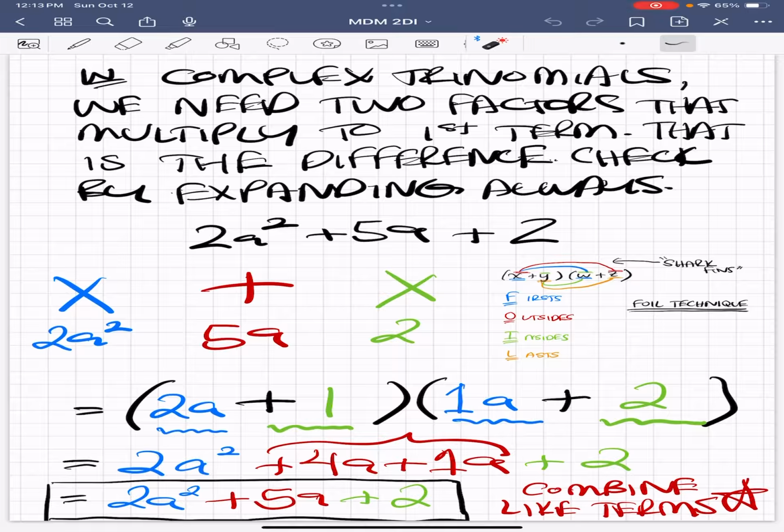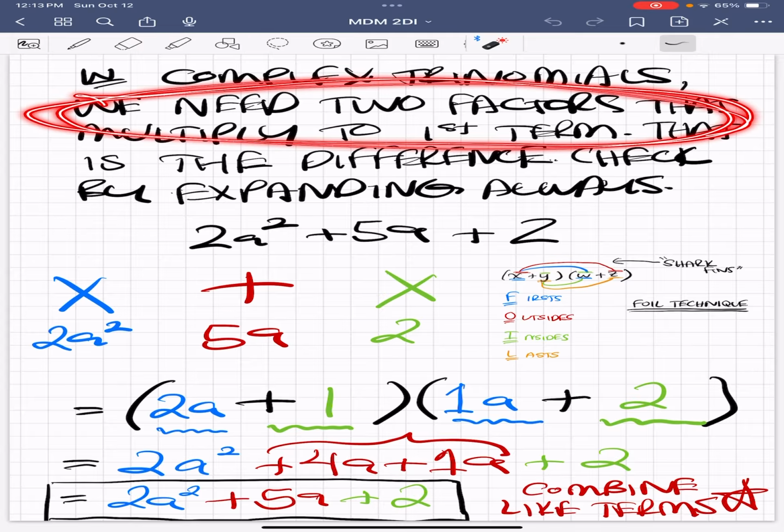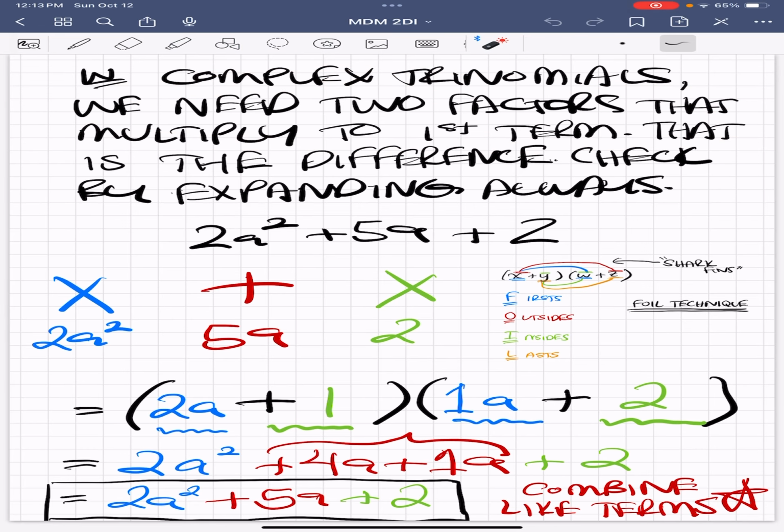That is the difference between simple trinomials and complex trinomials. Check by expanding always. I'm pretty thorough, so I always expand out and check. But let's begin.